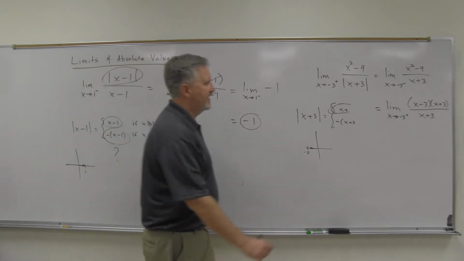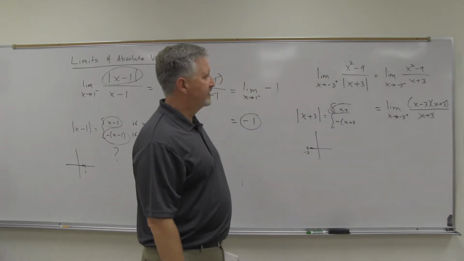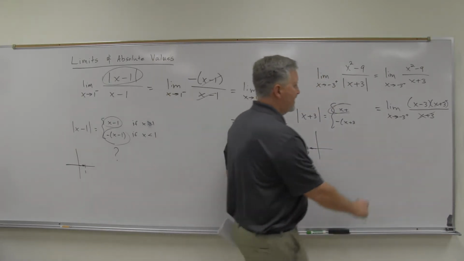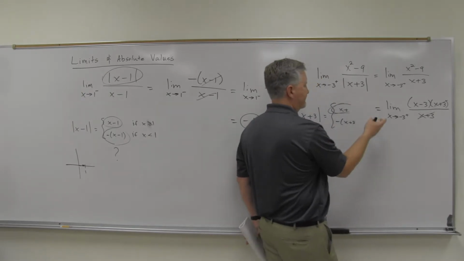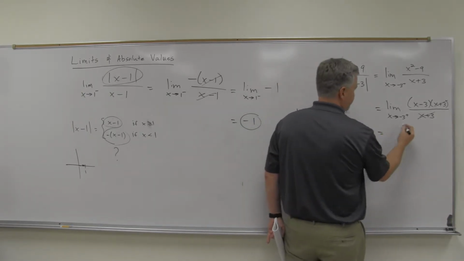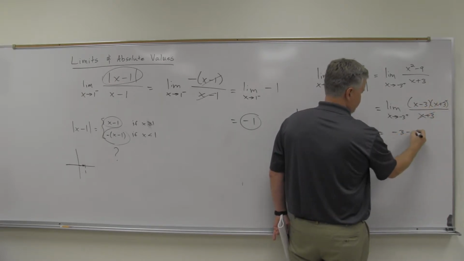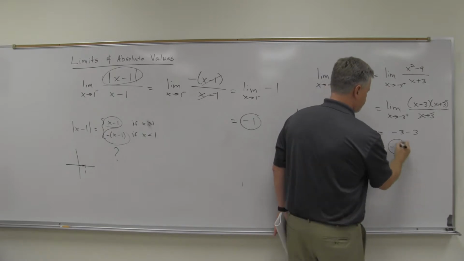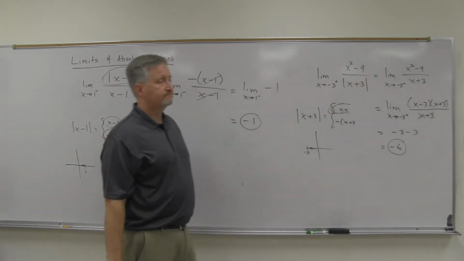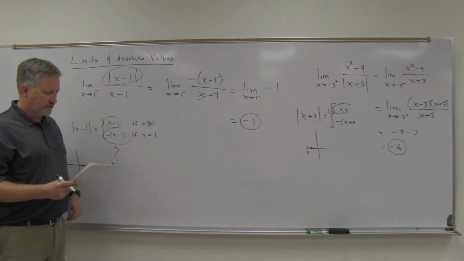Aha! So now I can cancel the x plus 3, as we've seen we can do. And so now, unlike before, I can do some substituting, can't I? The x goes to -3, so since those are out of the way, the answer is -3 minus 3, -6.